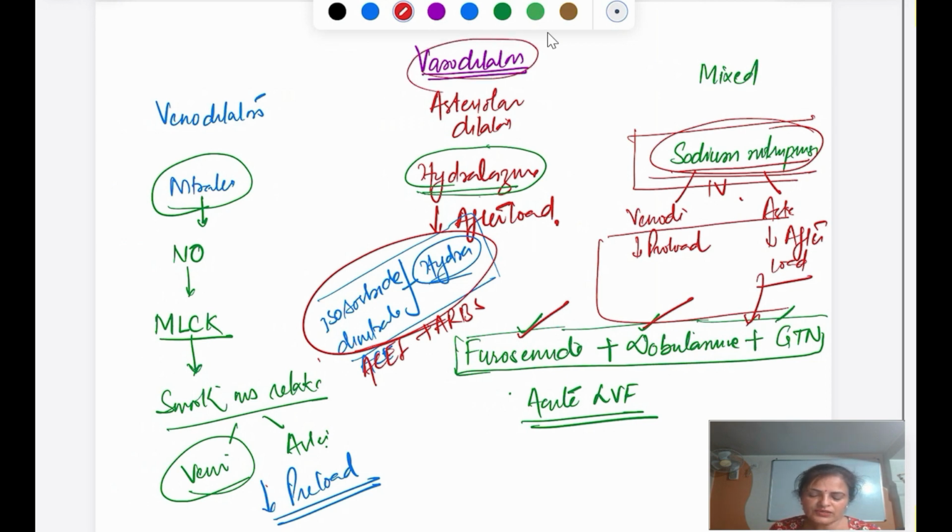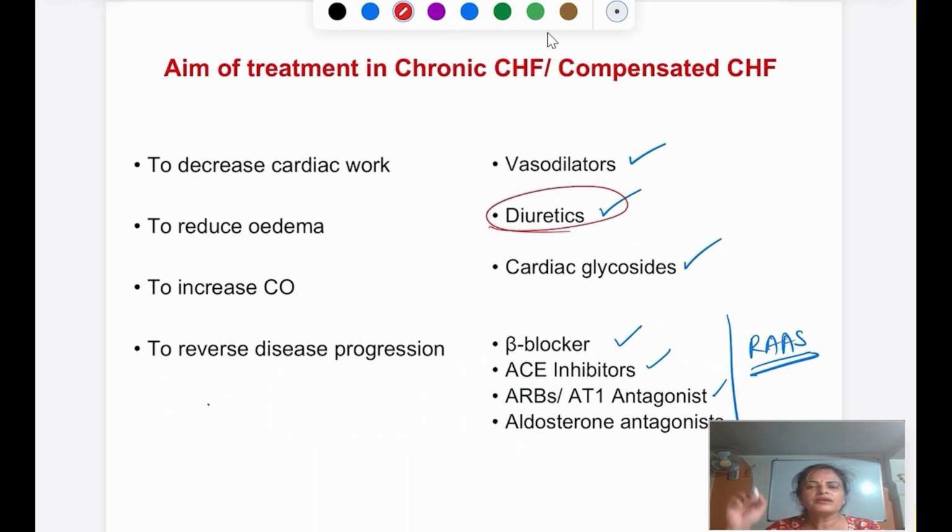So this is about the vasodilators. The next group of drugs is diuretics. Here, as I already told, we have to reduce the edema. Again here we are going to prefer furosemide.